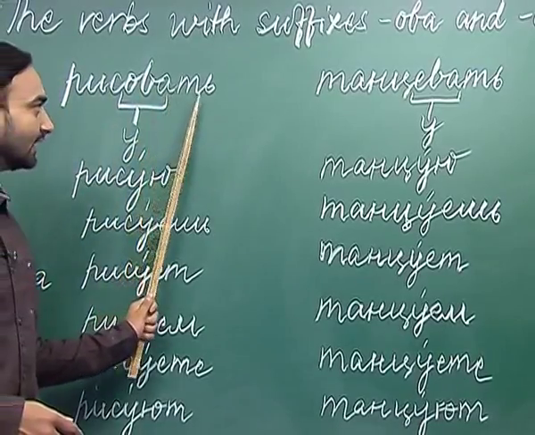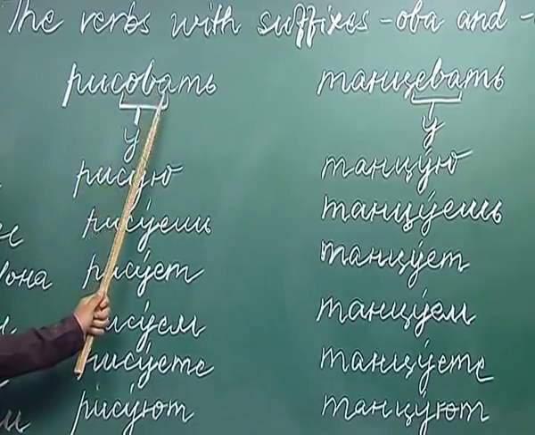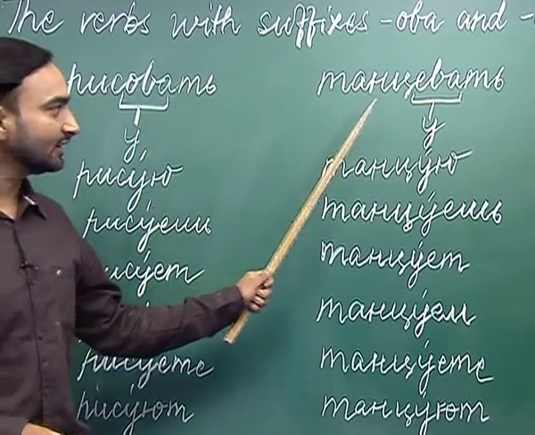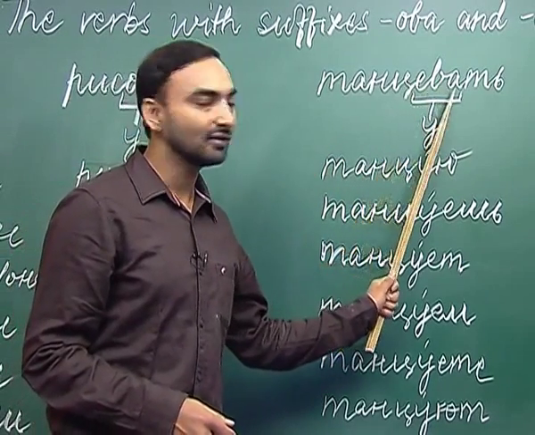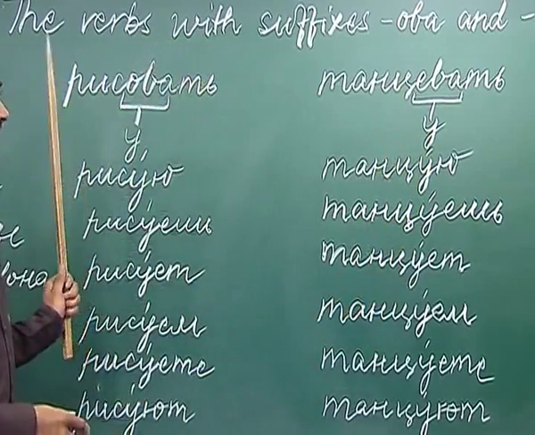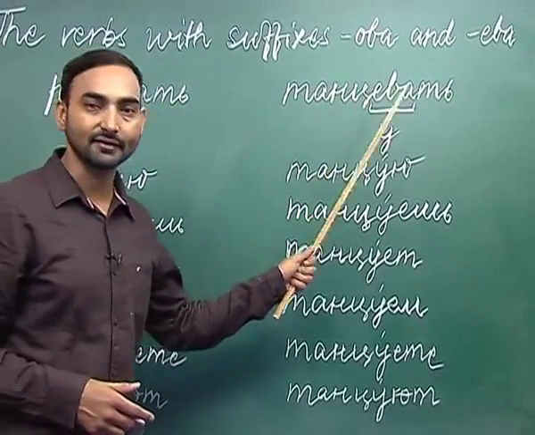If you remove the ending -ть, here -ова is the suffix in рисовать, and here you will find -ева is the suffix before the ending. Рисовать is to draw and танцевать is to dance.